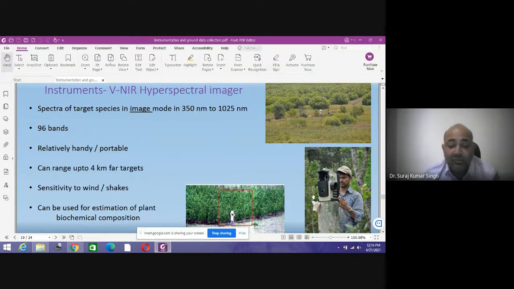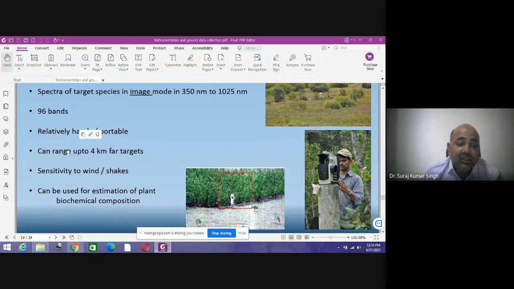It can range up to 4 kilometers. So you stand in the field and target a feature about 4 kilometers away, and still you can get an accurate measurement of that area, but it is very sensitive to wind and shakes, because you need a stable mount as it is very heavy.